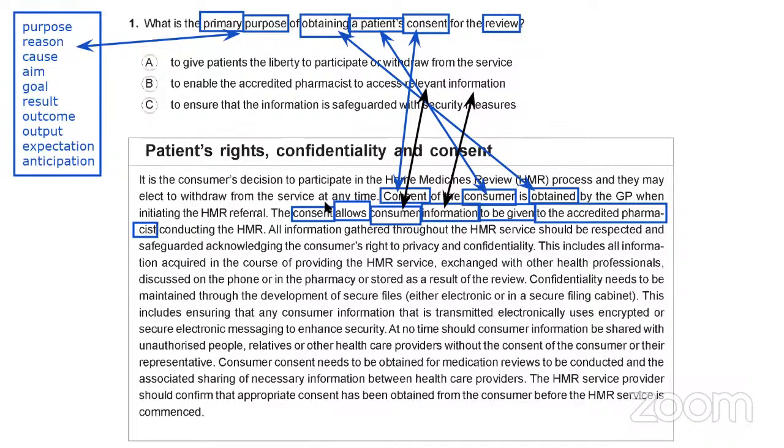Okay, allows, gives access, enables access. Enable, allow means enable what? Access.